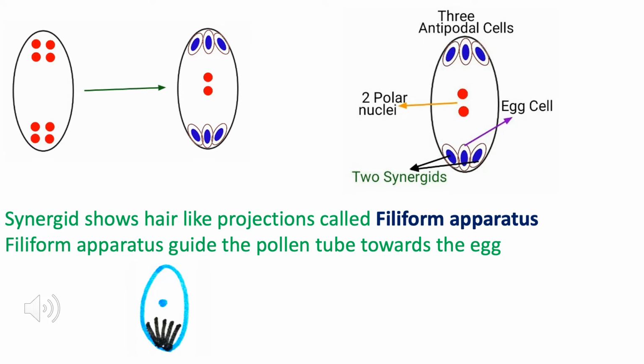The filiform apparatus guides the pollen tube towards the egg. So there the pollen tube will be attached, from where the male gamete will fuse with the female, that is the egg cell. This results in the process of fertilization.